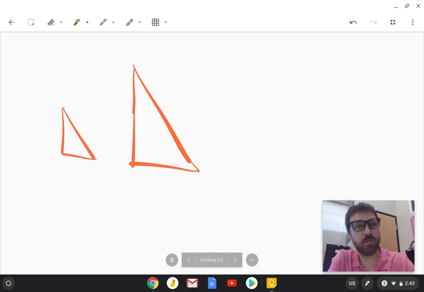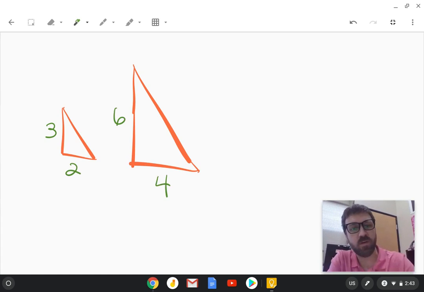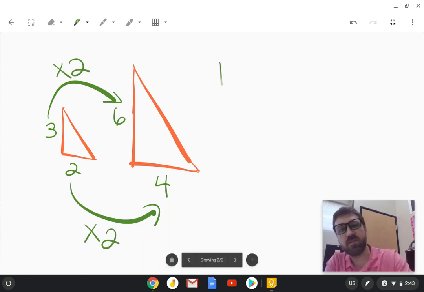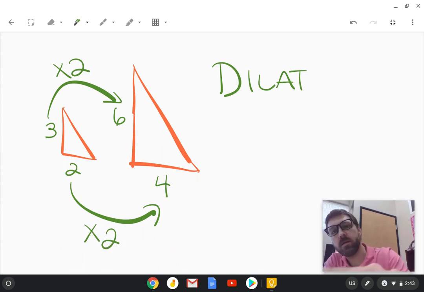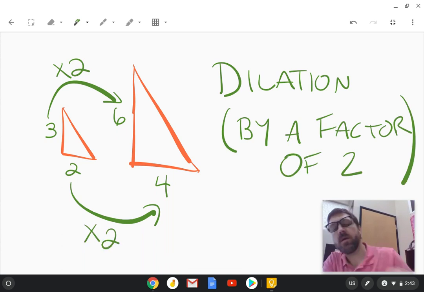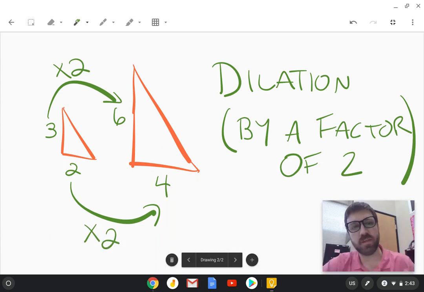For instance, in this example, this might be 3 here and 2 here, and then this would be 6 and 4. So both of these have been multiplied by 2 to get to the new figure. This is dilation, and we would say it's by a factor of 2. In other words, I'm multiplying everything from the original figure by 2 to get the new figure.